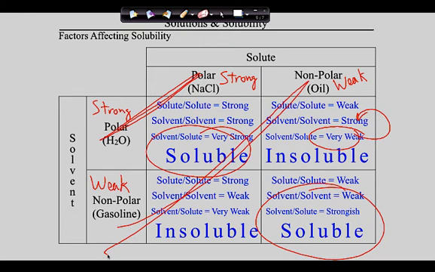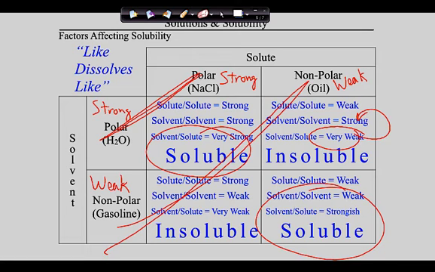There's a way that gets summarized, and it's on your paper. And the way that it gets summarized is like dissolves like. Polar solutes dissolve in polar solvents. Nonpolar solutes dissolve in nonpolar solvents. But guys, understand, you never get to say that on a test. You can use it as a guiding principle.